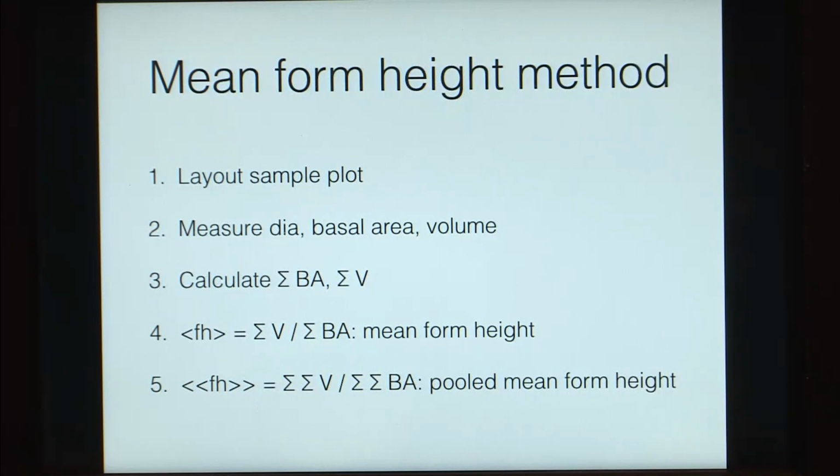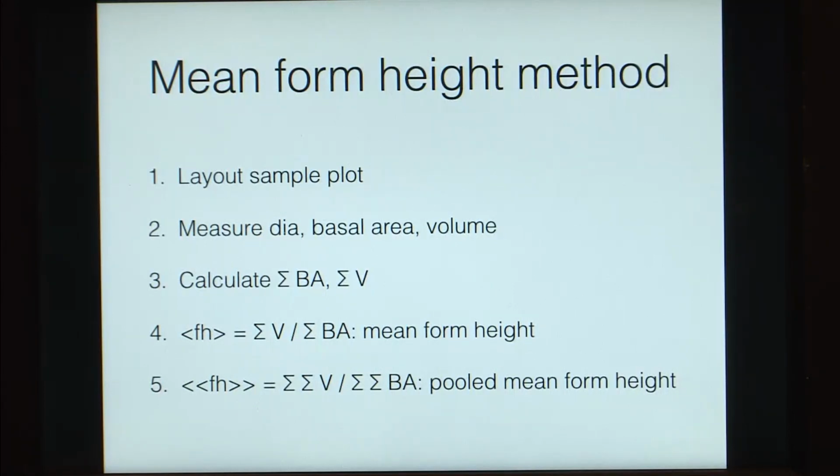One, we lay out a sample plot, just as we did in the previous instance. We can lay out n number of sample plots. Then for all the trees in the sample plot, we can find out the diameter, the basal area and the volume for each of the trees. Diameter can be very easily measured using calipers or using tape.